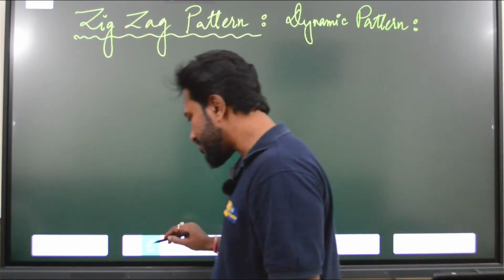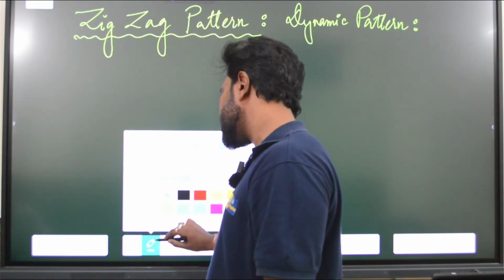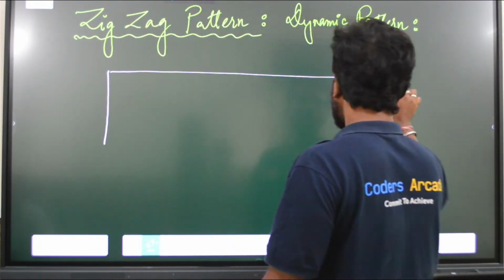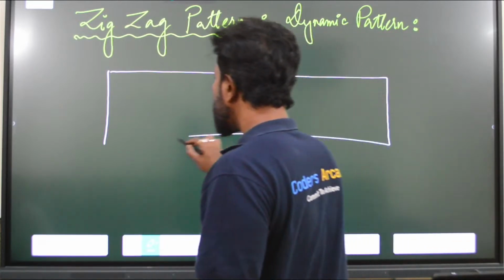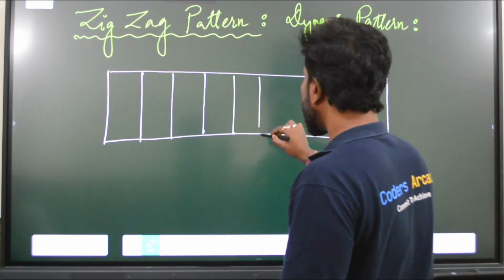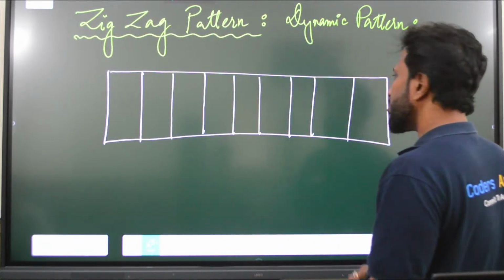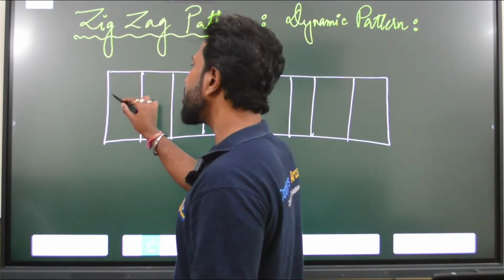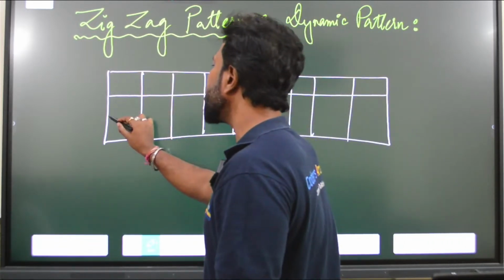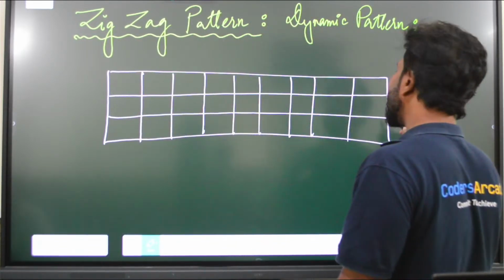Let me give an example of the same thing. So let me draw this. 1, 2, 3, 4, 5, 6, 7, 8, 9. Okay, so the row value here in this question will be constant, but the column value will keep changing.